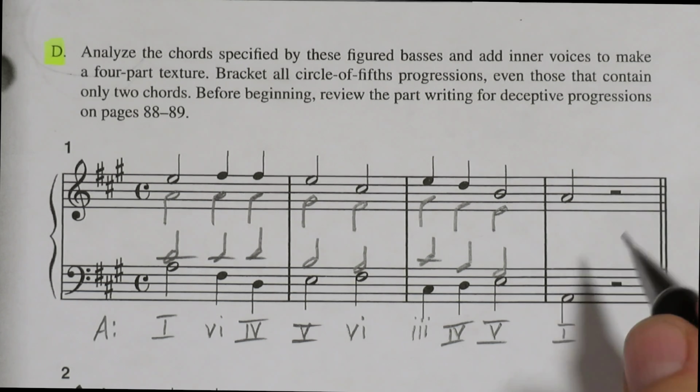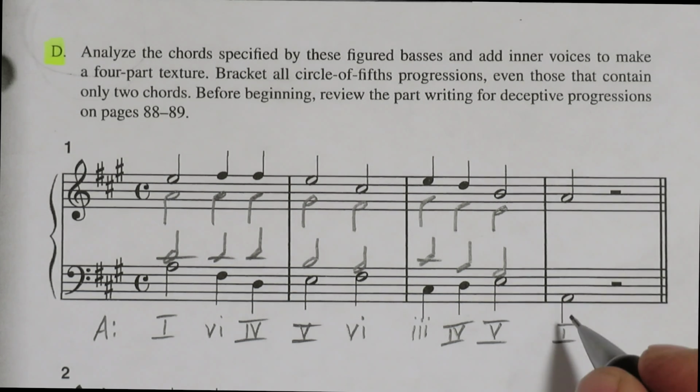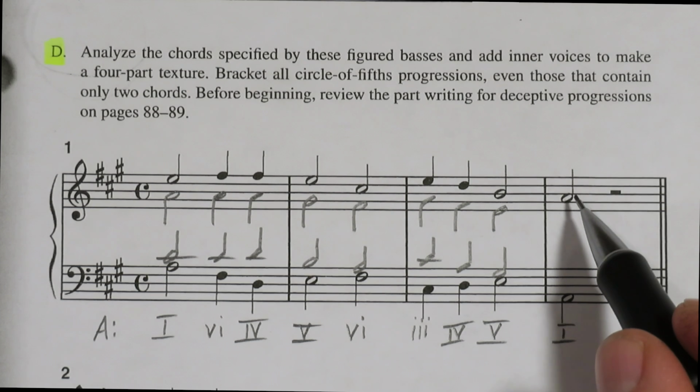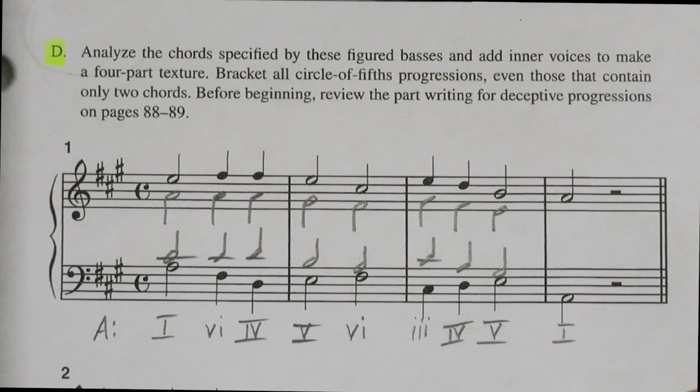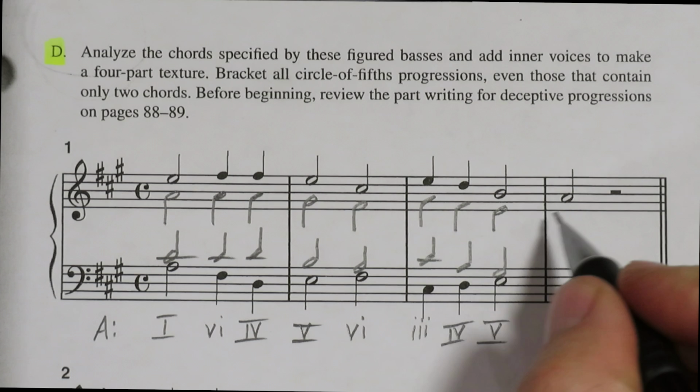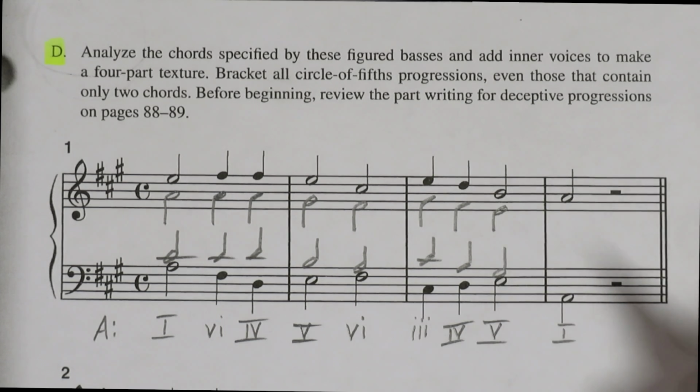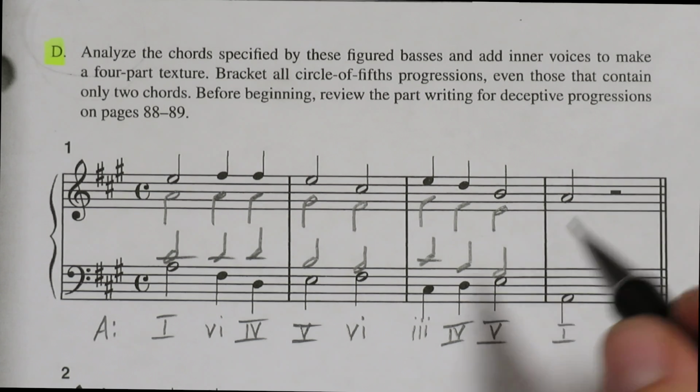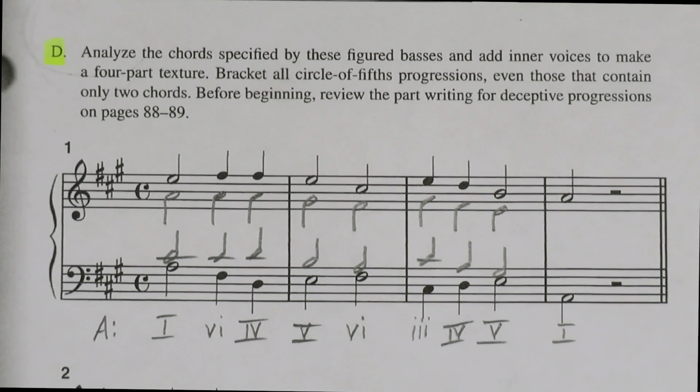Okay, 5 to 1. We're going to the A major. The root is doubled. I see a common tone here. And we have to be careful with the G sharp. It's the leading tone.